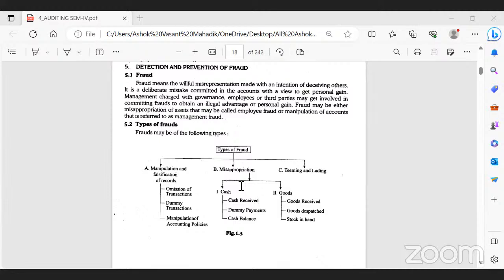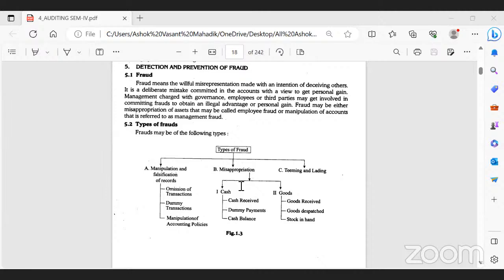Herein, with some intentions, transactions are omitted to be recorded, or some dummy transactions are recorded. Okay, and sometimes manipulation is done in the accounting policies. Then misappropriation of cash or goods. The cashier may steal some cash from the cash box, or can take away money from the bank account by withdrawing money.